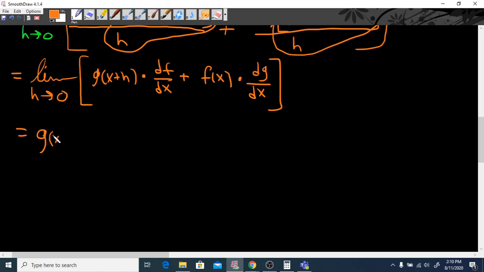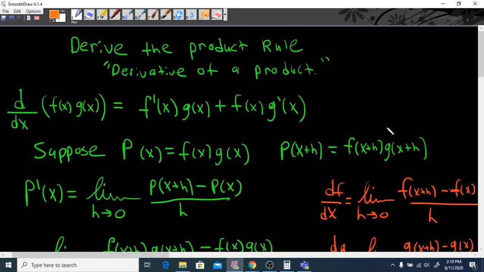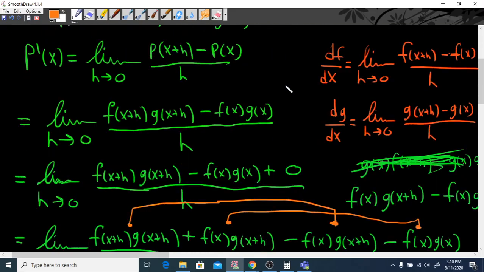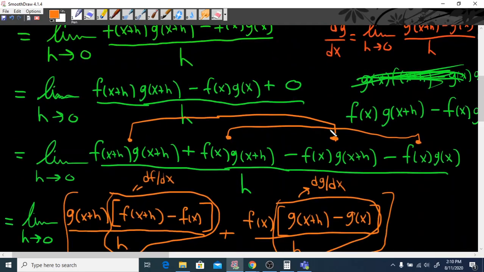So we get g of x df dx plus f of x dg dx, which we can write like this: g of x f prime plus f g prime at x, which is what I stated up here. f prime g plus f g prime.